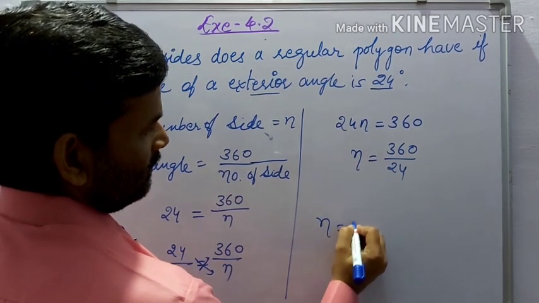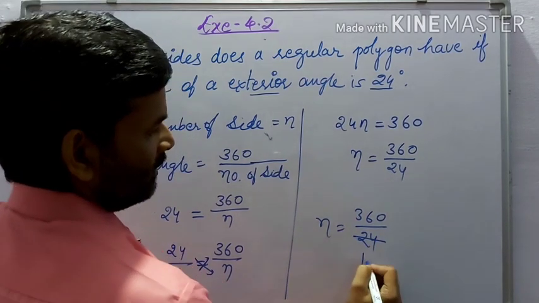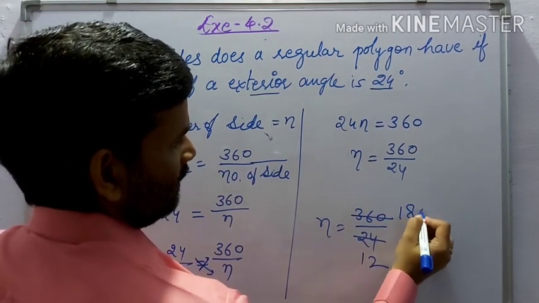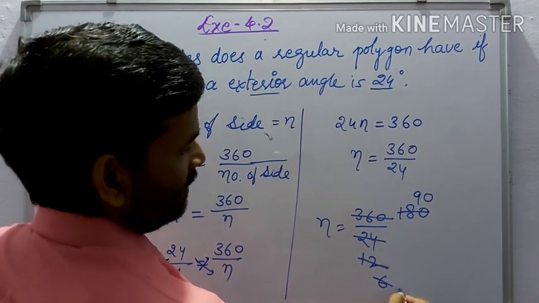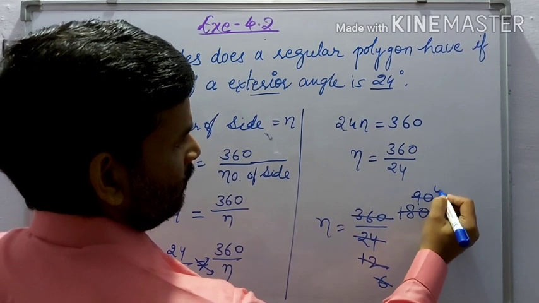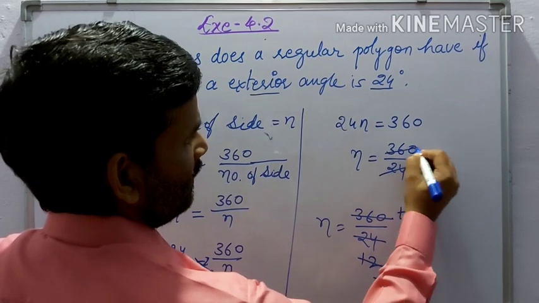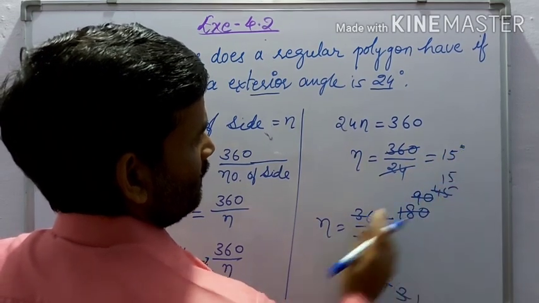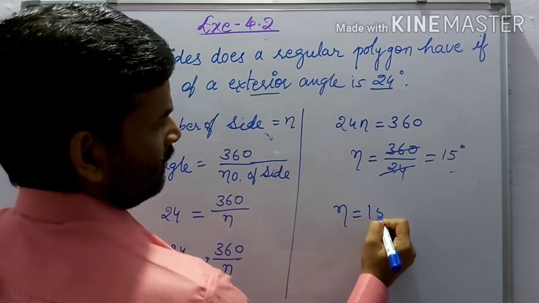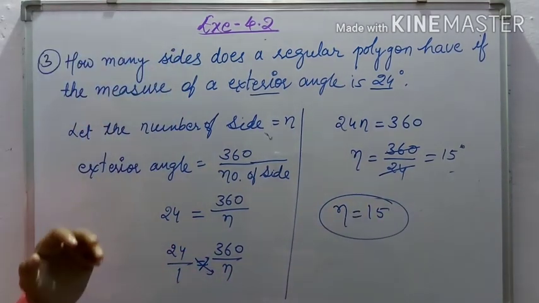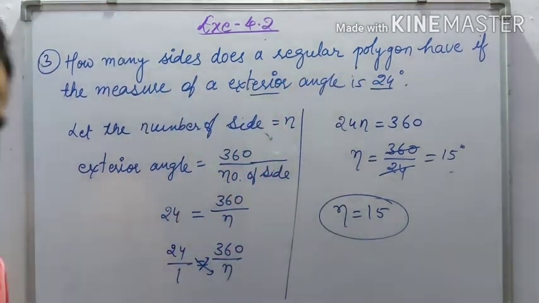Cutting by 2, 12; 180 and 2 is 6; 45 and 3 is 15. So you can directly cut and write 15. This is the number of sides: n is equal to 15. This means the regular polygon has 15 sides.